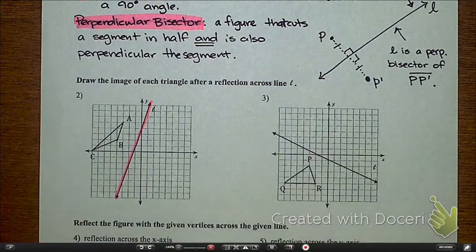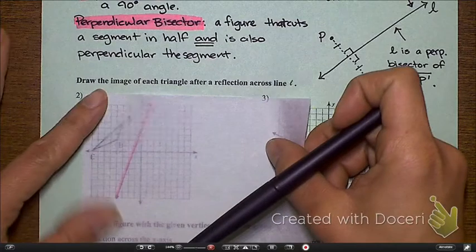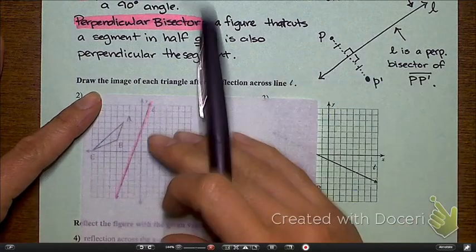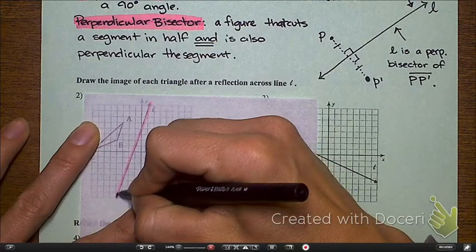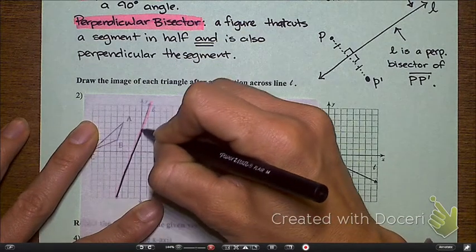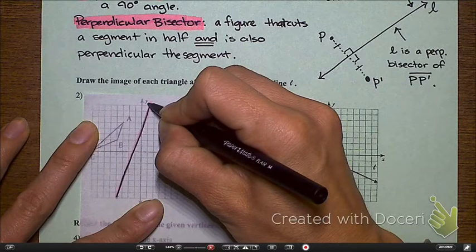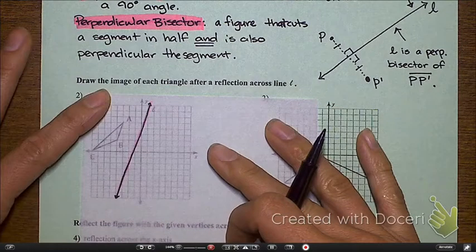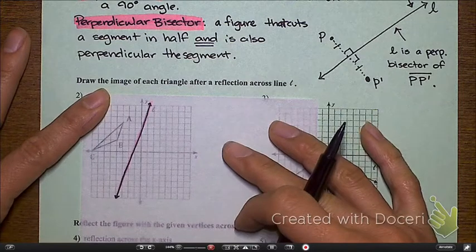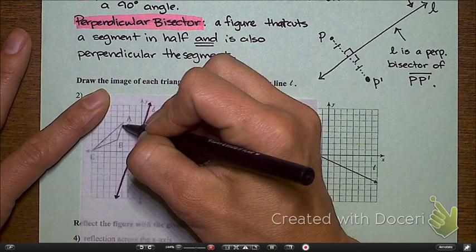All right, so for the trace paper method, what we do is we take our trace paper and we put it on top of the graph and we trace over the whole line of reflection from arrow to arrow. Then we trace over the whole image.